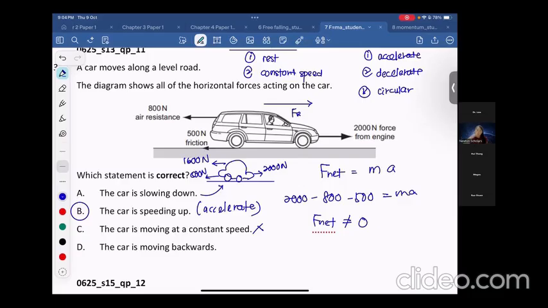At the end, look at the resultant force. The left-hand side is 1,600 plus 500. We get 2,100 Newton, but the force in our forward direction is only 2,000. So what is our resultant force? It opposes our motion. Our resultant force here is 100 Newton, opposing our motion, which causes our car to slow down.